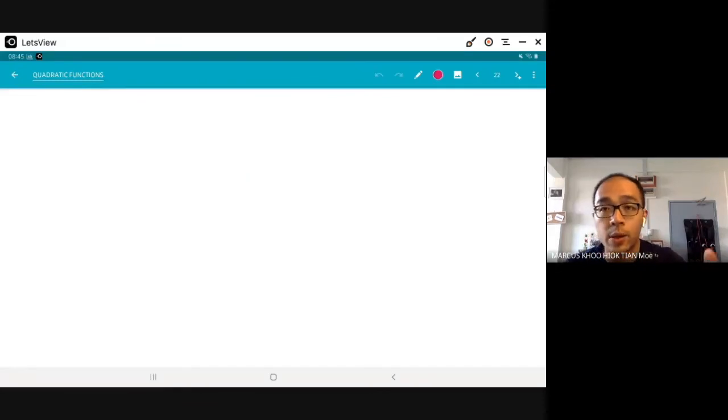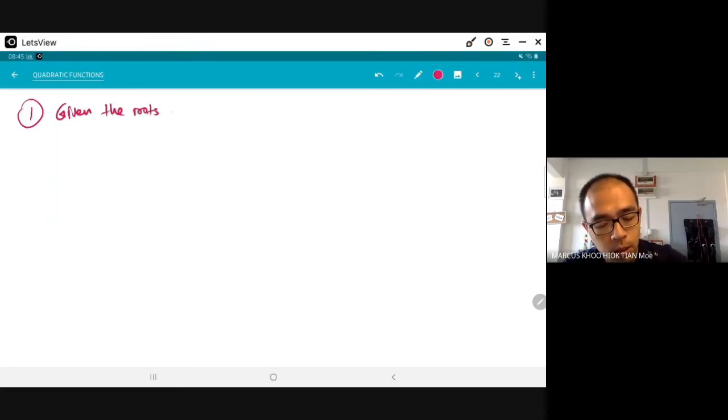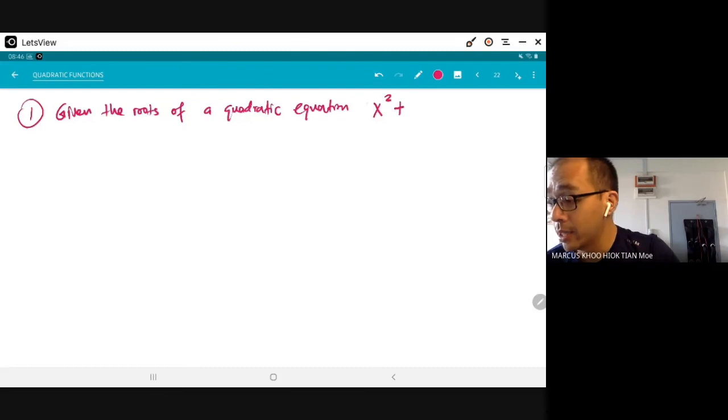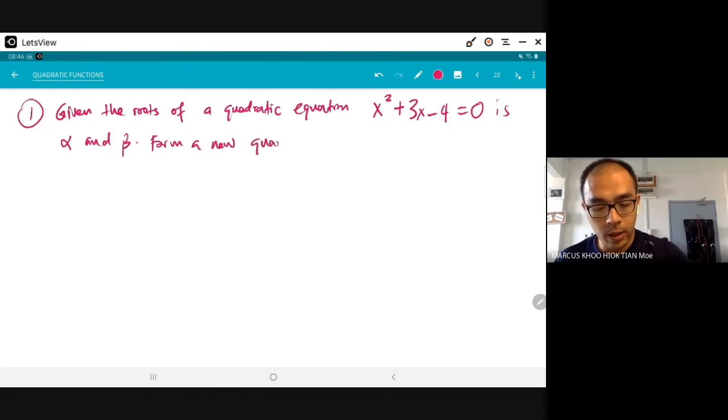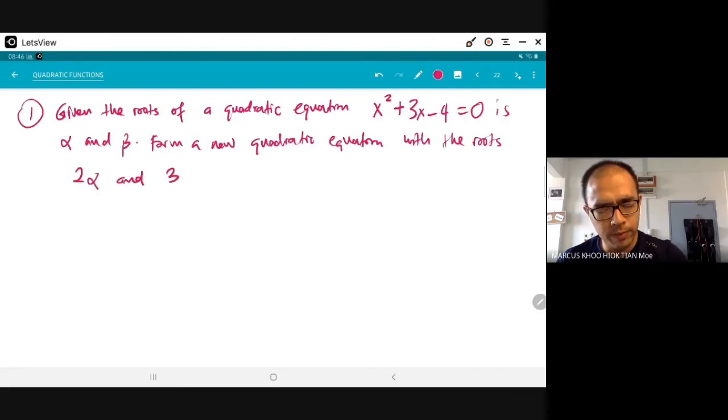So what I want you to do now is try these two questions. Number 1, given the roots of a quadratic equation x squared plus 3x minus 4 equals to 0 are alpha and beta, form a new quadratic equation with the roots 2 alpha and 2 beta.